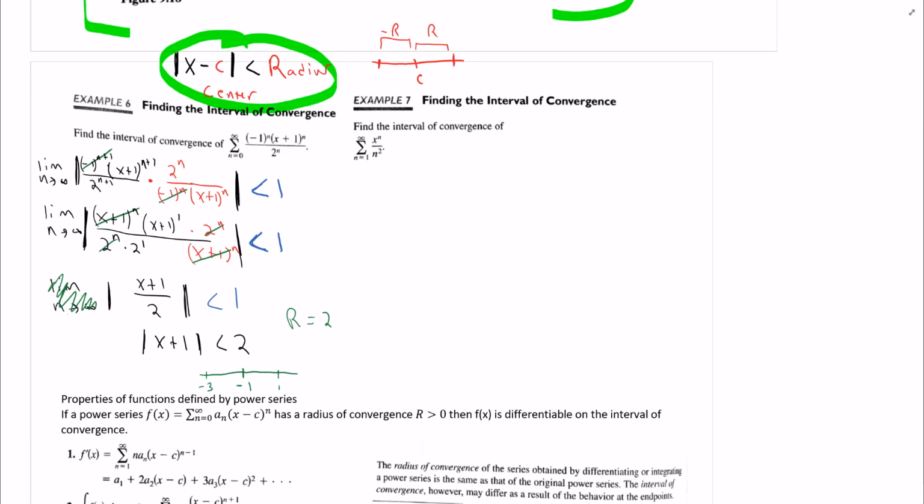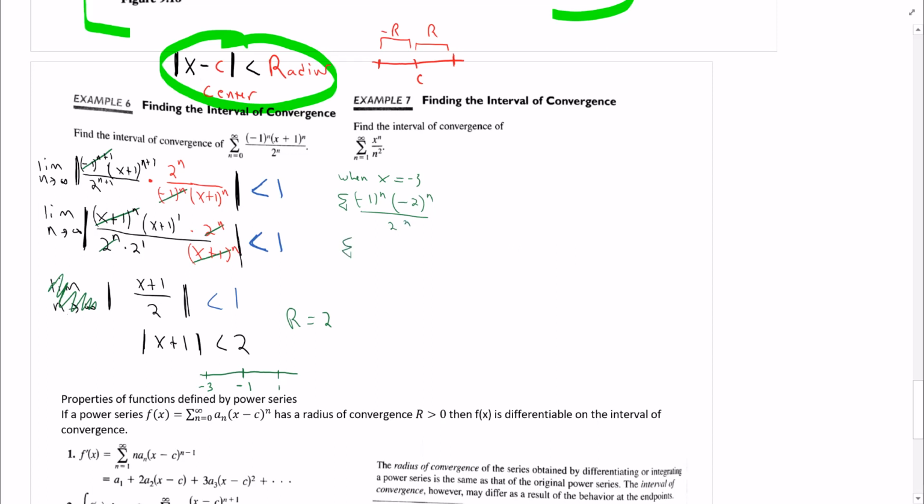So we're still doing example 6, right? We're going to check when x equals -3. If x equals -3, then the resulting series is (-3 plus 1) which is -2, to the n over 2 to the n.